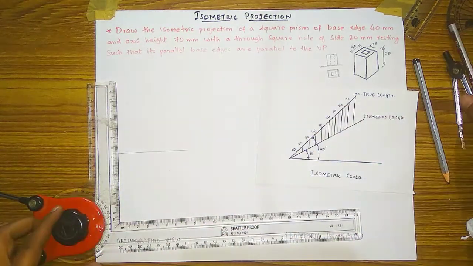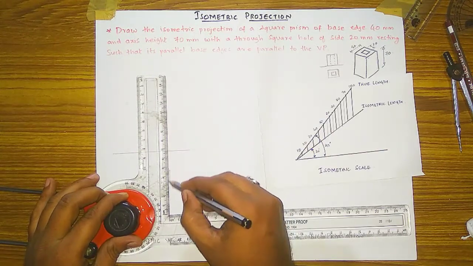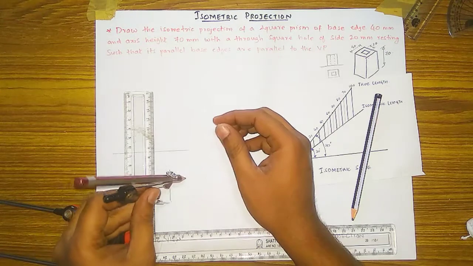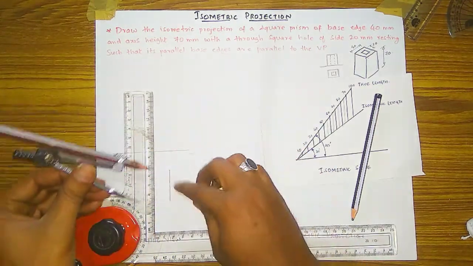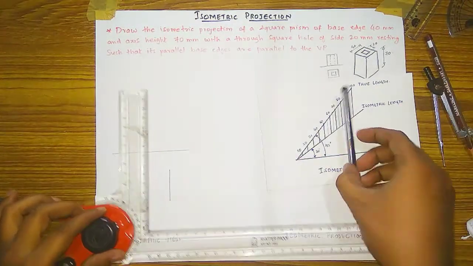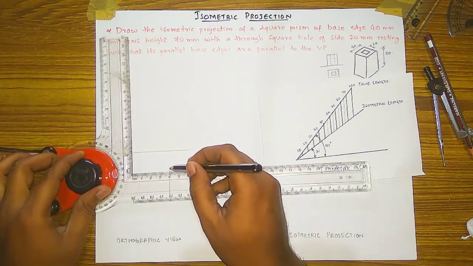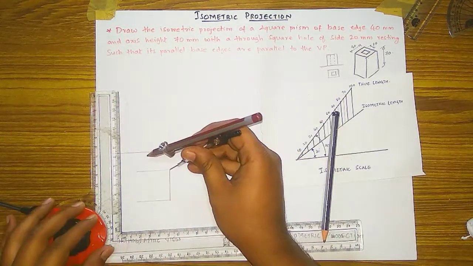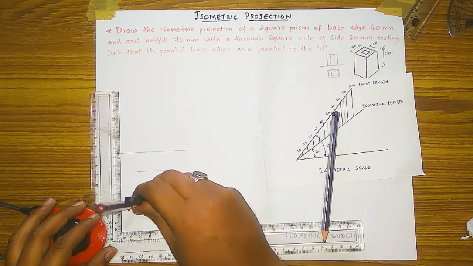So how to draw this square? First I will take a line like this, and I will measure that dimension, and it is this much only. I will draw one more line like this, and with that same dimension I will draw here and here.